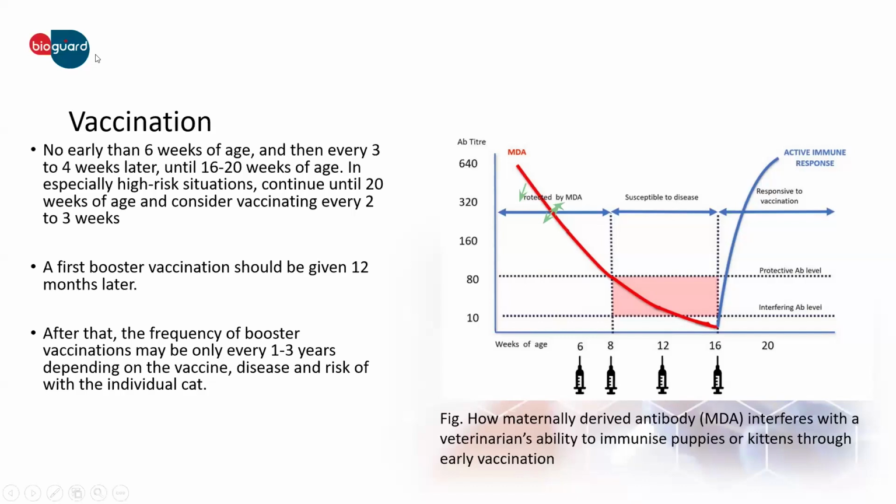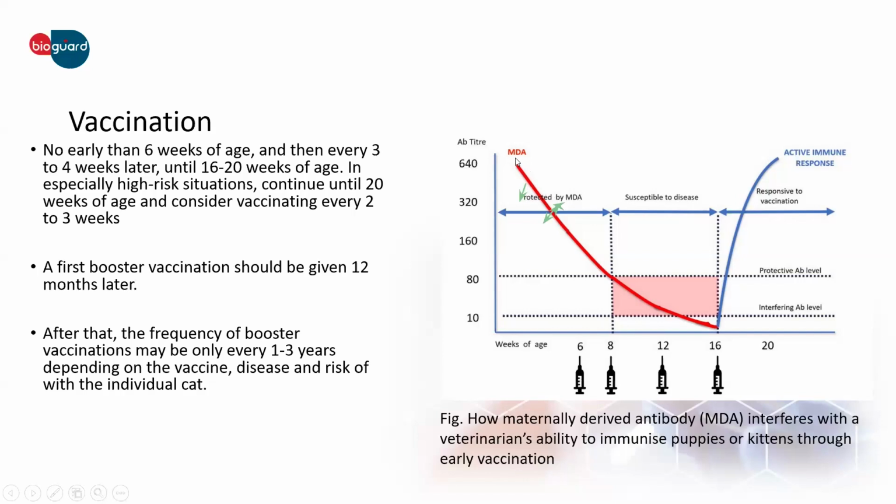And this figure on the right-hand side shows how maternally derived antibody, the MDA, interferes with our ability to immunize puppies or kittens through early vaccination. You can see the red line, that's the MDA.